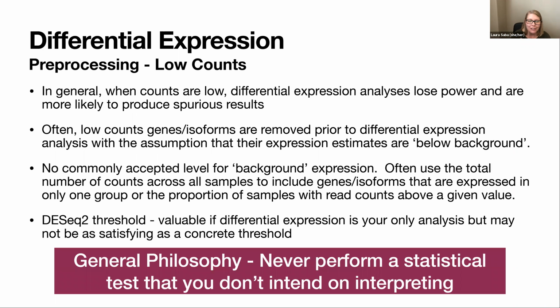But we do have to do some more pre-processing analyses to this. One of the pre-processing steps that we often do is get rid of genes that have really low read counts. And the gist of all of this text is that we don't really know the most appropriate threshold. It depends on your threshold for noise and yourself.